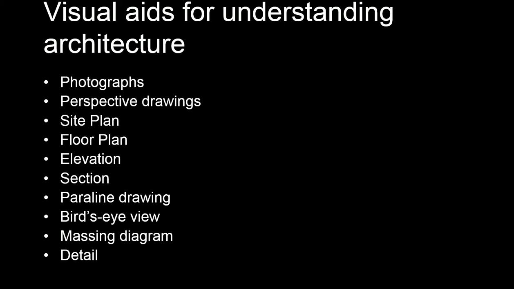But this last presentation for today is going to be about visual aids that you will be using for understanding architecture. There are a number of different things that we use to look at that'll give you some sort of an understanding: photographs, perspective drawings, site plans, floor plans, elevation, section, paraline drawings, which are three-dimensional drawings, bird's eye view drawings, massing diagrams, and details.